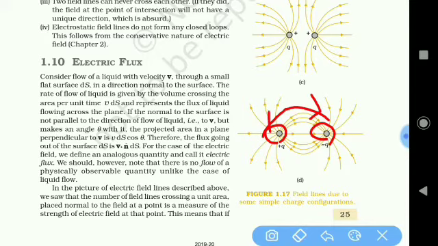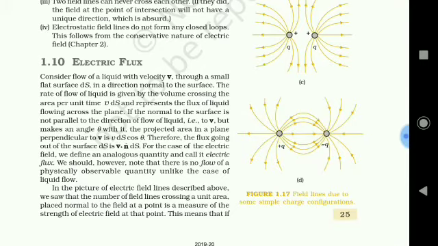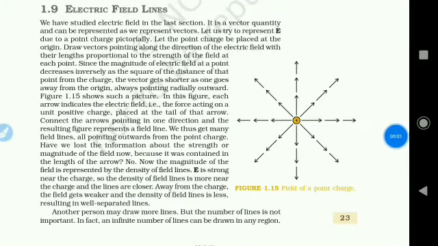You can see here also it will start from the positive and then it will end in negative. So these are about the field lines. Let us see a video which explains electric field lines.